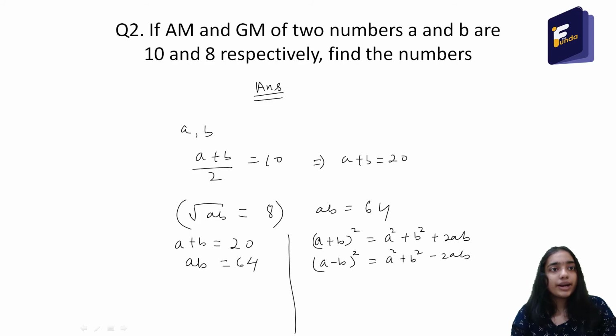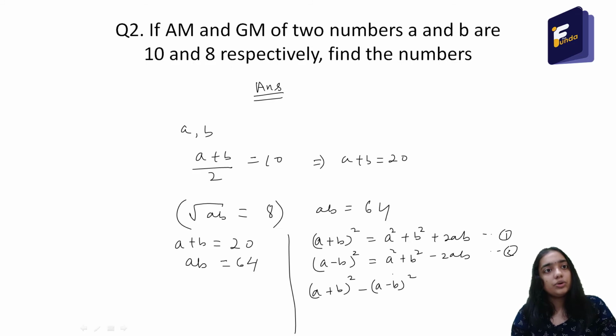Now if I subtract these two equations, a plus b whole square minus a minus b whole square equals: a square and a square cancel, b square and b square cancel, so it is 2ab plus 2ab, which equals 4ab.